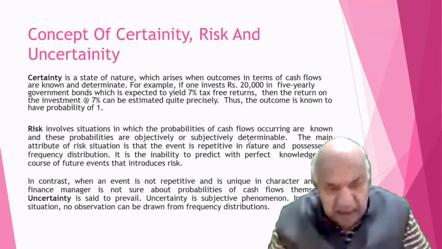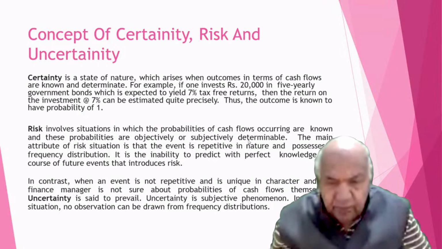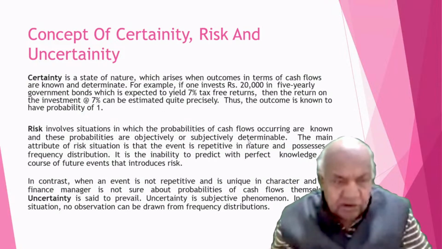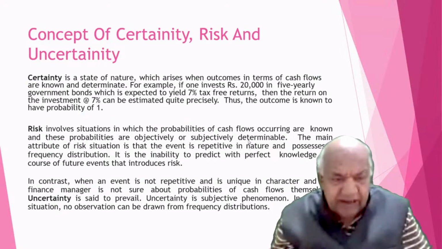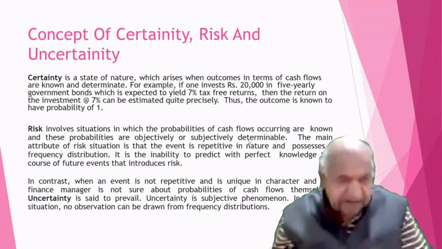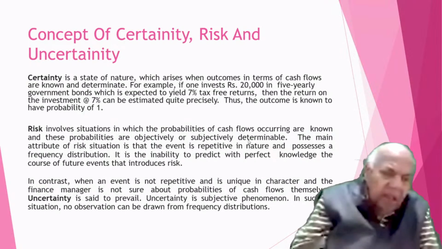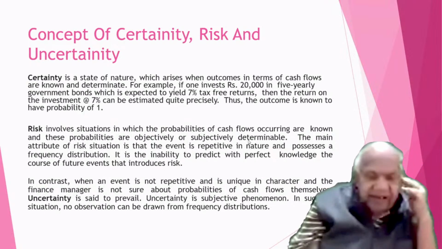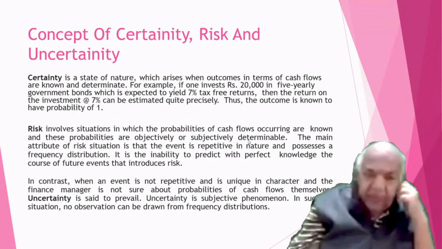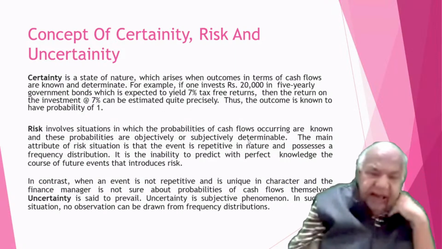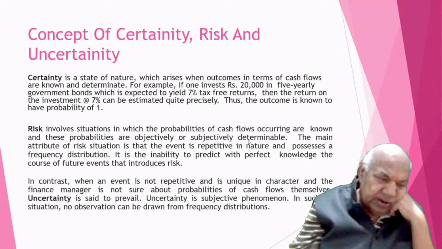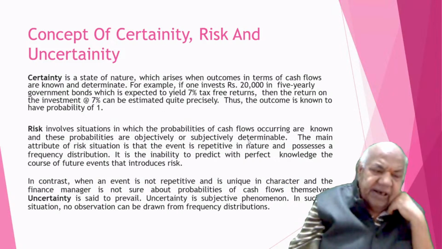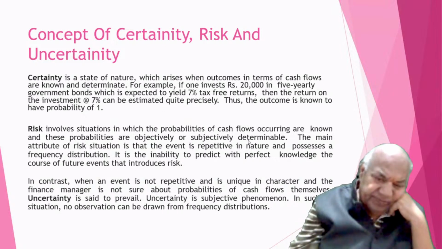It is the inability to predict with perfect knowledge the course of future events that introduces risk. In contrast, when an event is not repetitive and is unique in character, and the finance minister is not sure about probabilities of cash flows themselves, uncertainty is said to prevail.